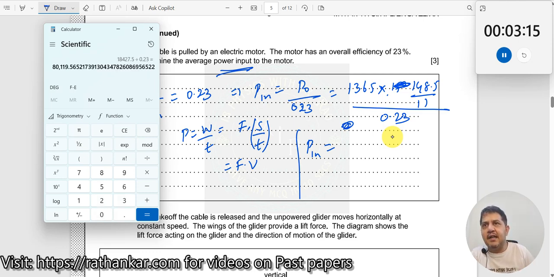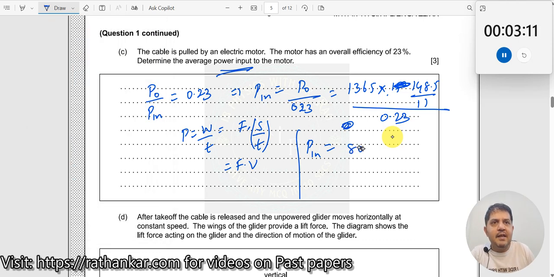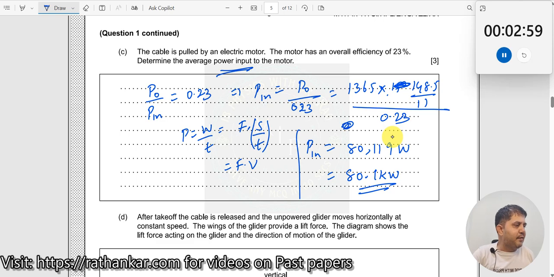When I do this, I get 80,119 watts. This is nearly 80.1 kilowatt. So the answer is around 80.1 kilowatt.